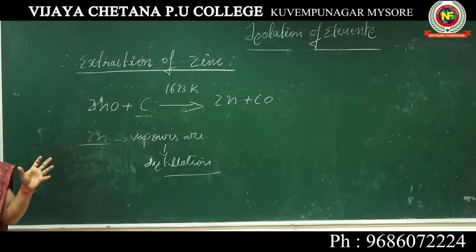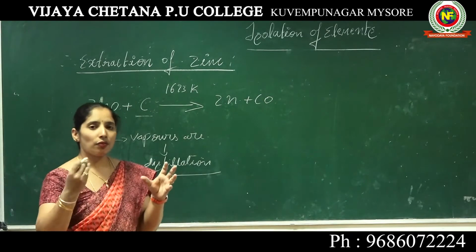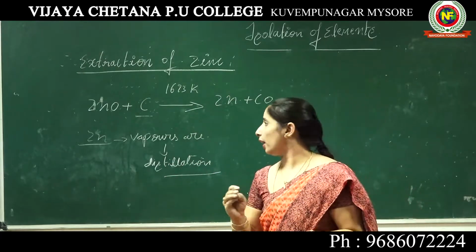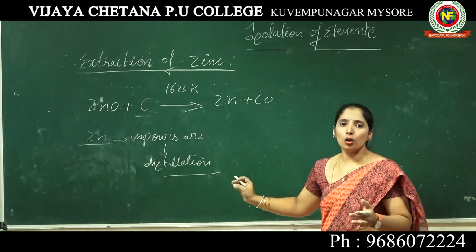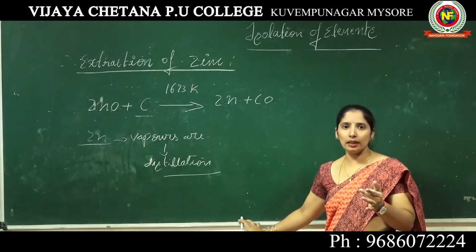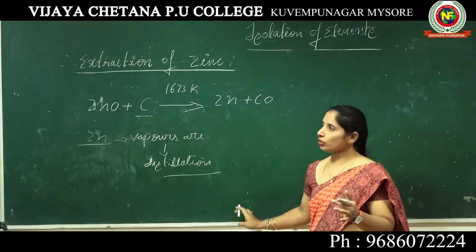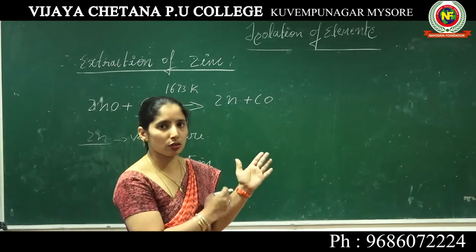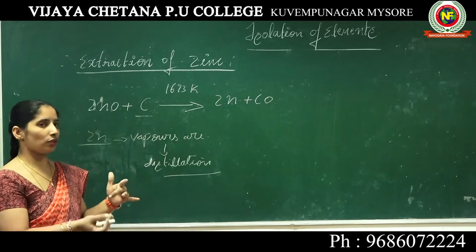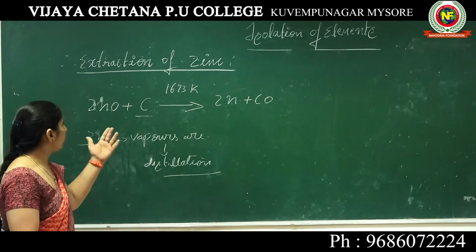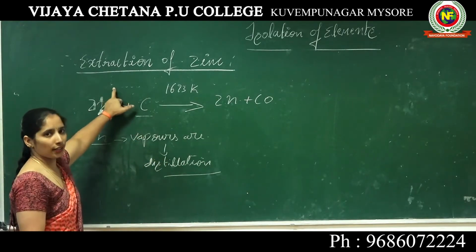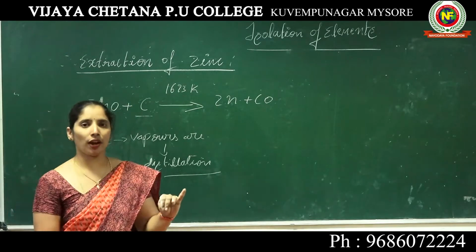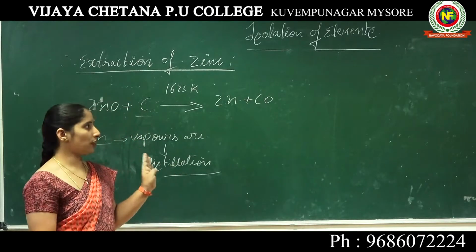The zinc vapors are evaporated through distillation, and the zinc is allowed to cool to convert into a solid through rapid chilling. So this is how we extract zinc through this reduction process, where the metal oxide is reduced into metal. So these are the four important extractions: iron, copper, alumina and zinc.